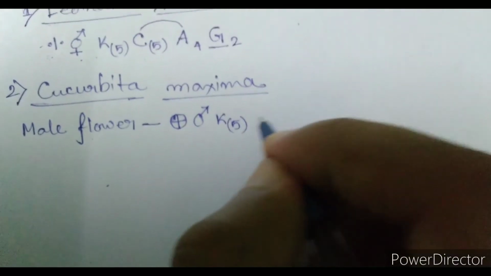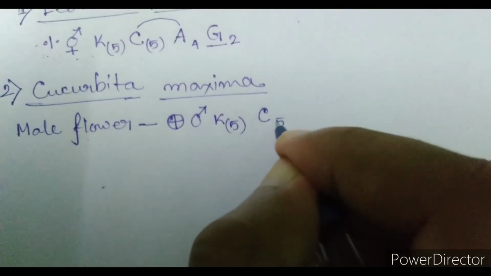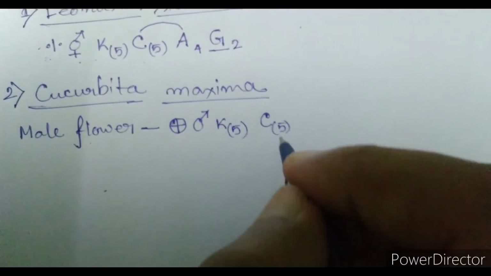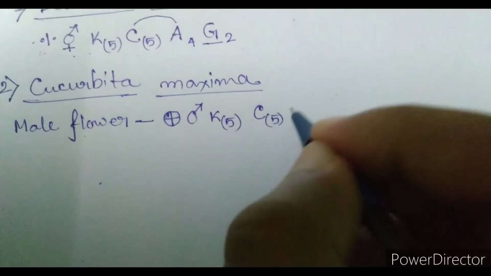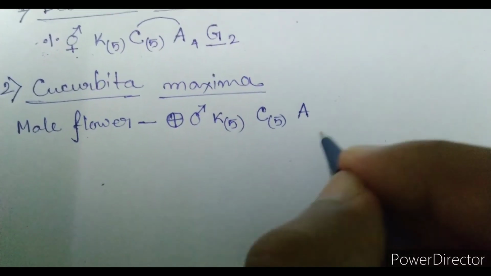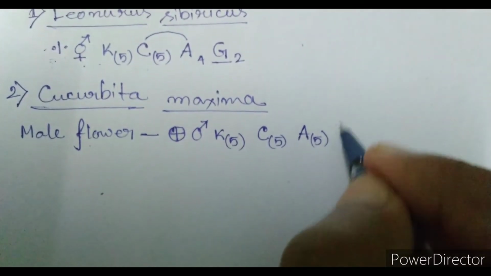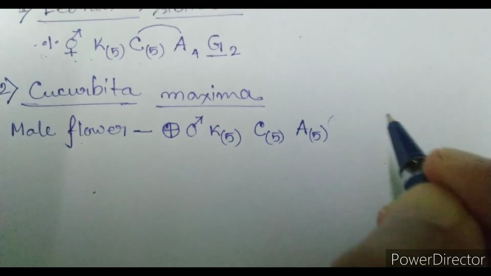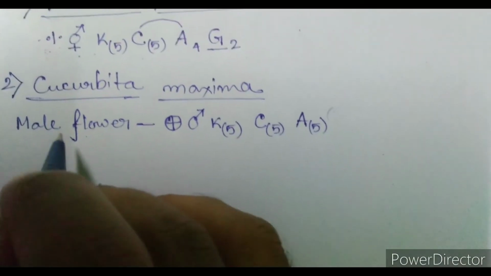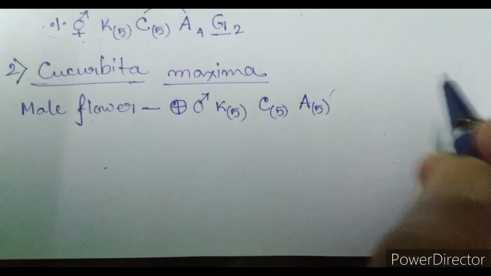And the same thing happens in the case of corolla, 5 and they are united. And the third thing is that the androecium is always 5 and they are united. Here we don't write down the gynoecium because this is a male flower. No gynoecium or female structure is present.